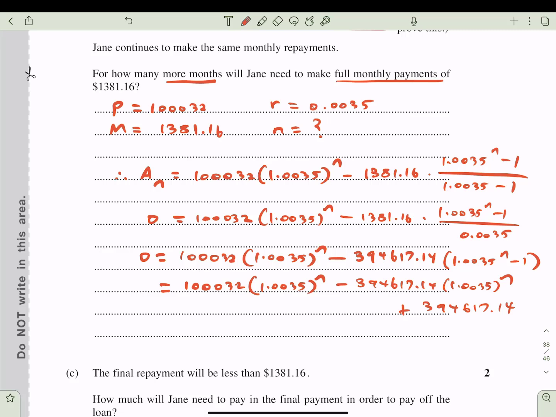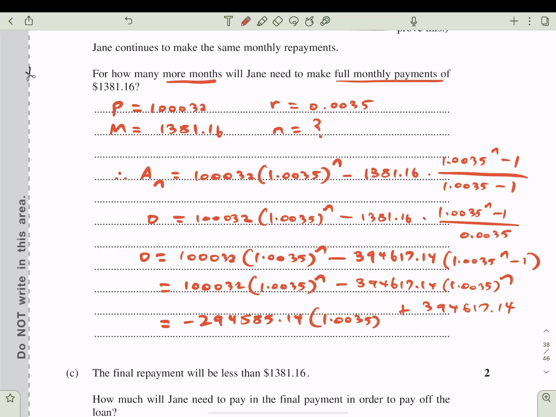Alright, so now that we have this, we can finally make 1.0035 to the power of n my subject. Okay, so 100,032 subtracted by 394,617.14, that's going to equal negative 294,585.14.